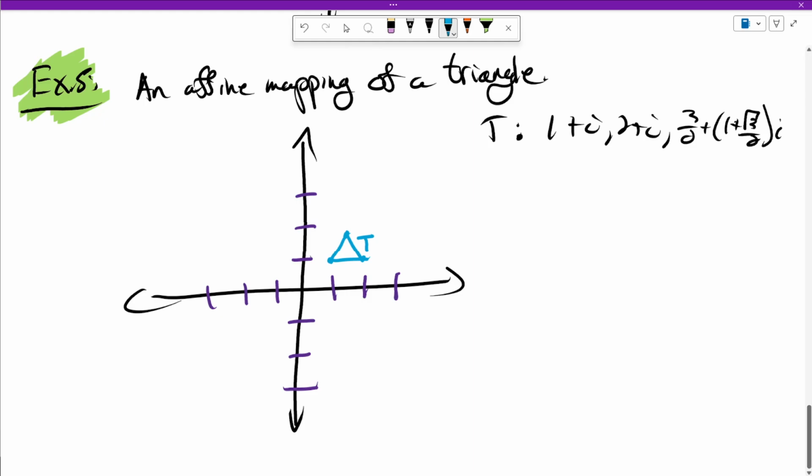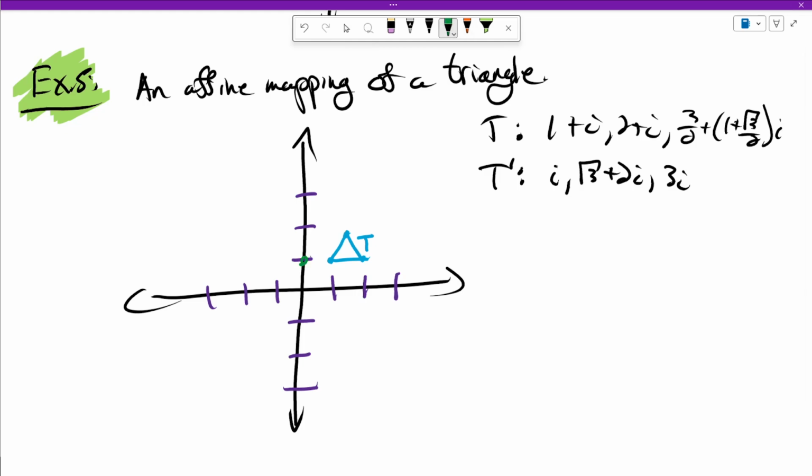And then our T prime, I'll draw in maybe purple. T prime, or the image triangle, we want to have vertices i, root 3 plus 2i, and 3i. So i, maybe not in purple because the axes are purple, maybe green.